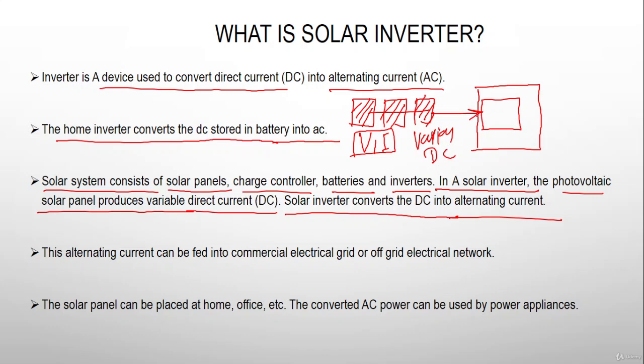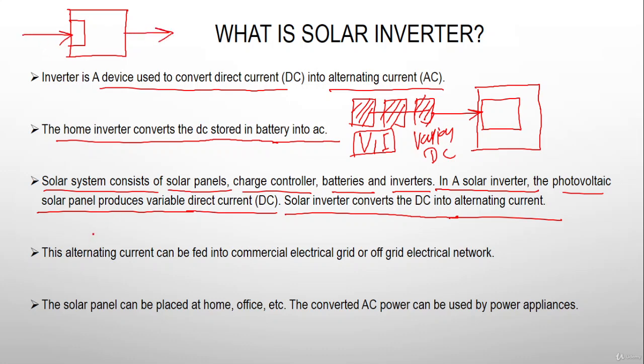So the solar off-grid inverter is built in with the charge controller inside it, and later it converts the DC form into the AC form of electricity.